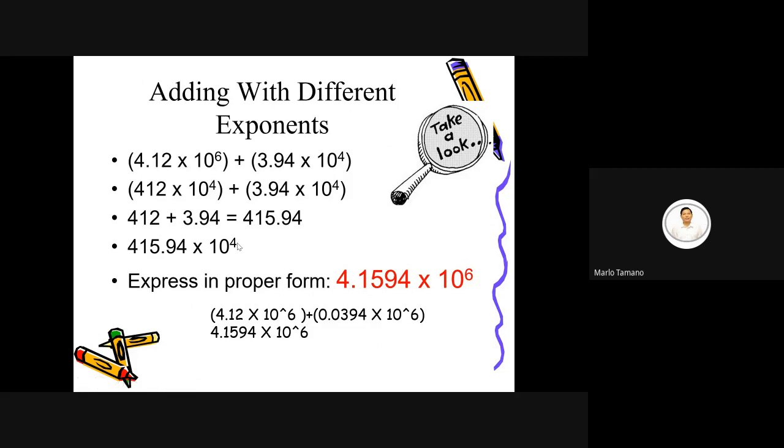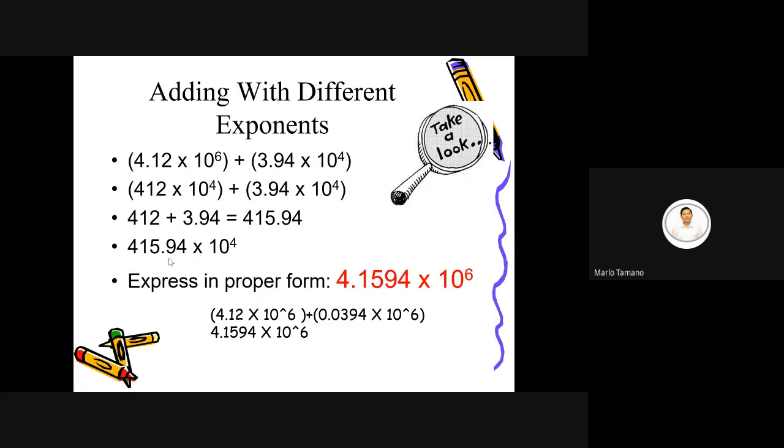Now, my question is, is this written already in scientific notation? No. So, that's the time you're going to write or express in proper form. Now, what is the proper form? It should be greater than 1 but less than 10. Okay, so 415 po yan, kaya hindi siya naka-proper form. Wala pa sa scientific notation.